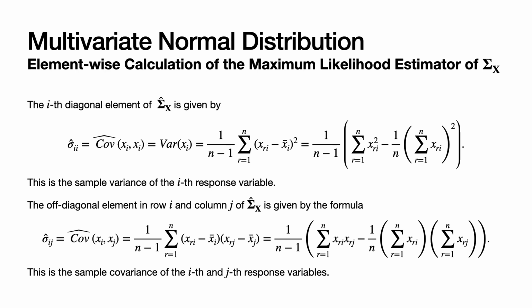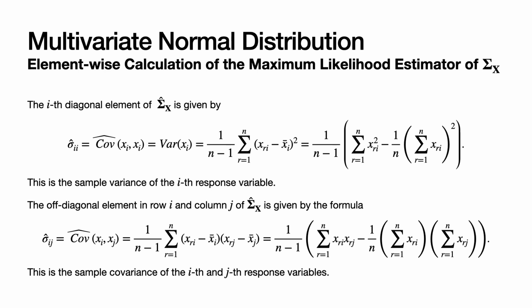The off-diagonal element in row i and column j of sigma hat sub x is given by the formula sigma hat sub ij. Again, this is the estimated covariance of x sub i and x sub j. This is equal to 1 over n minus 1 times the sum r going from 1 to n of x sub ri minus x bar sub i times the quantity x sub rj minus x bar sub j.